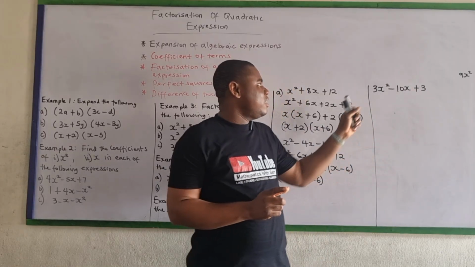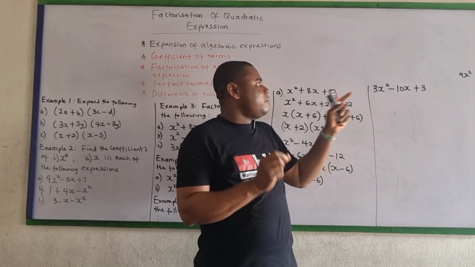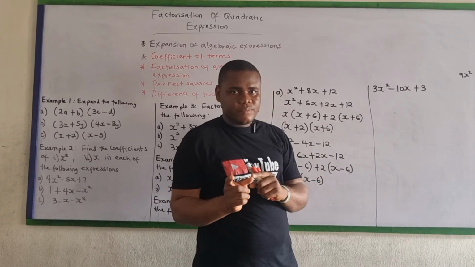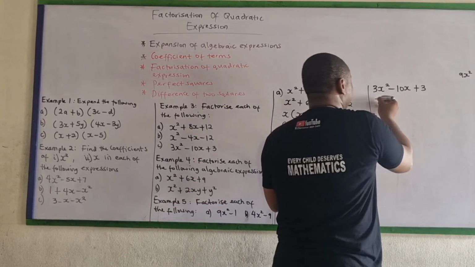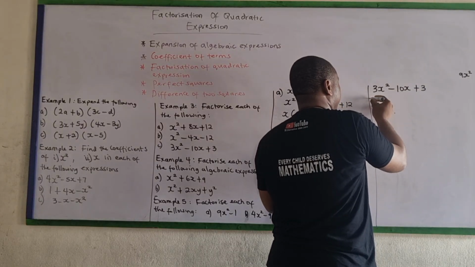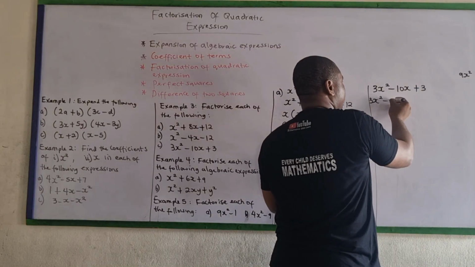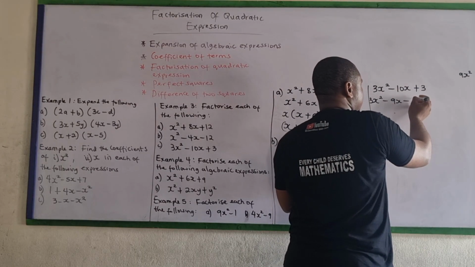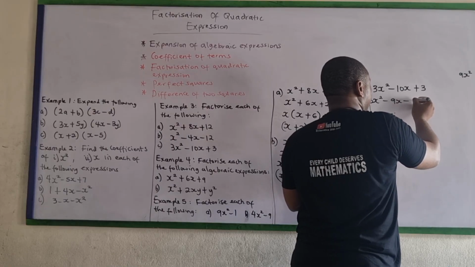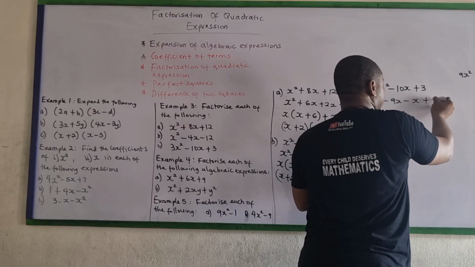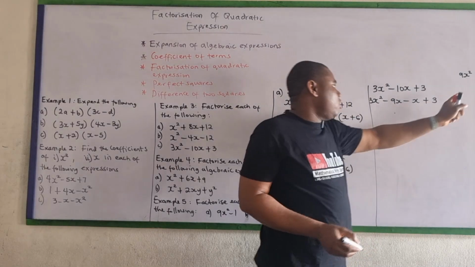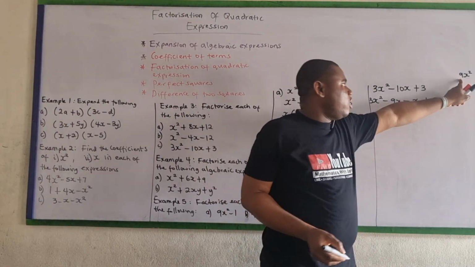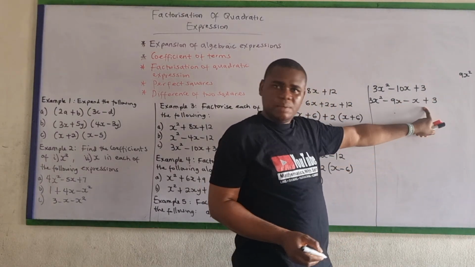We are going to have minus 9 minus 1. Alright, so in this case I have 3x squared minus 9x minus x plus 3. You're not going to use a 9. Okay, so this was actually going to help us to find the two numbers here.